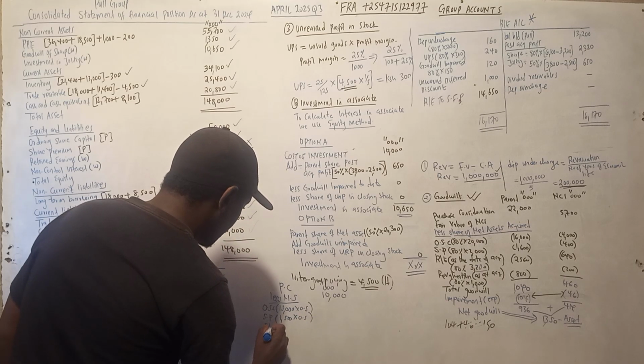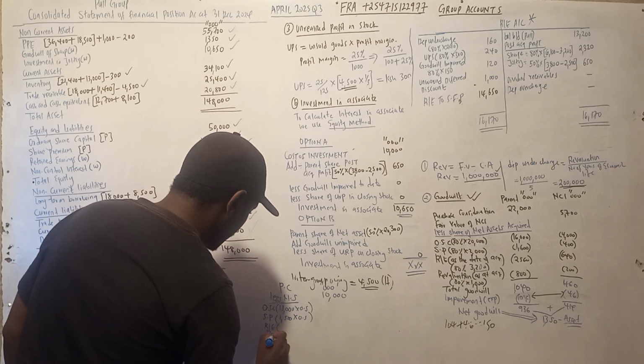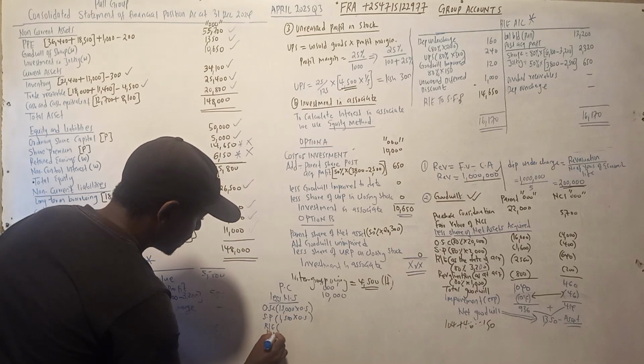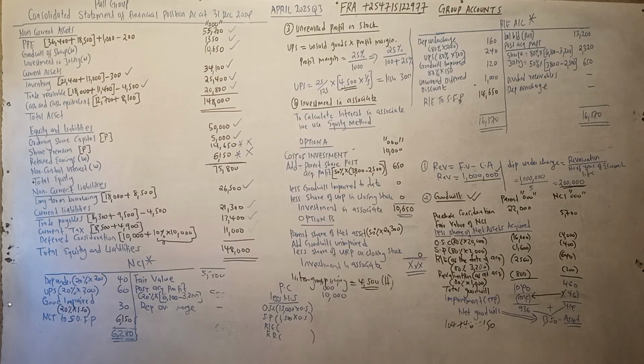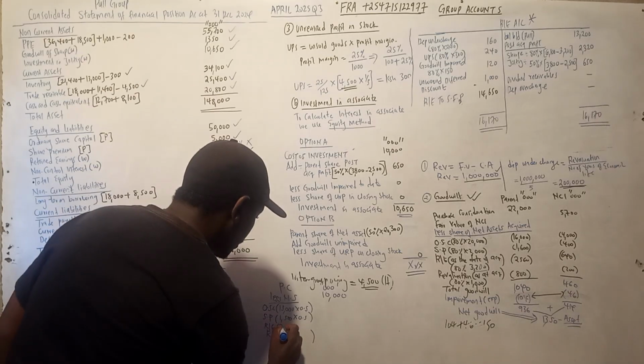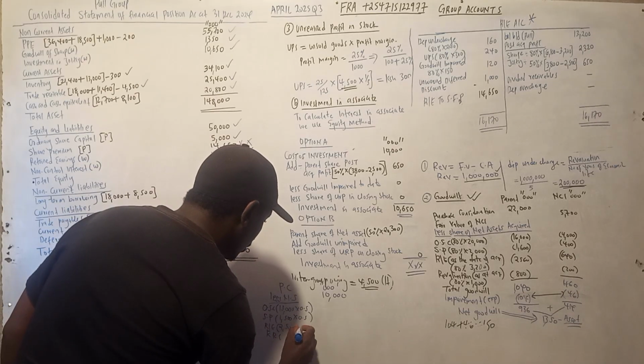Then we have the retained earnings and the revaluation reserve. Retained earnings is at the date of acquisition. The retained earnings at the date of acquisition was 2,500, so 2,500 times 0.5.